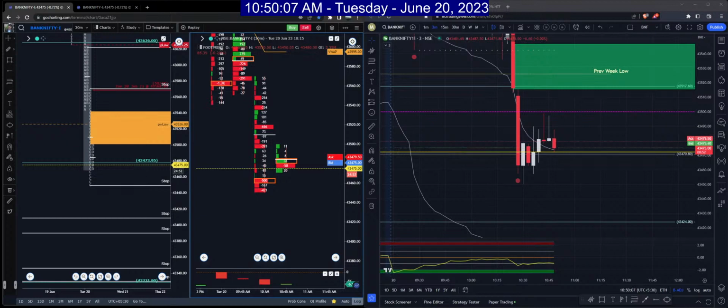So I have taken a call trade, 43,100 CE at 388. My trailing SL is at 386. Currently it is trading at 391, 393.